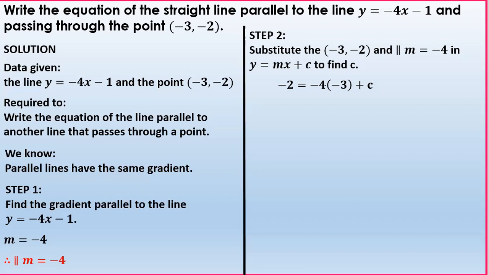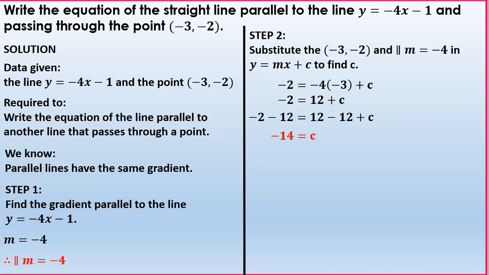Therefore, -2 is equal to -4 times -3 plus c, which gives -2 is equal to 12 plus c. In order to make c the subject, we are going to subtract 12 from both sides. Therefore, -14 is equal to c.